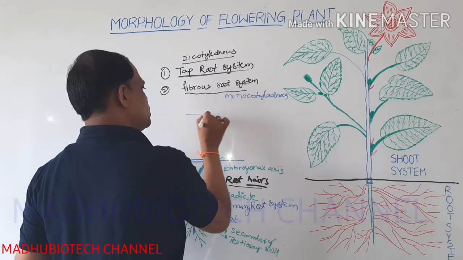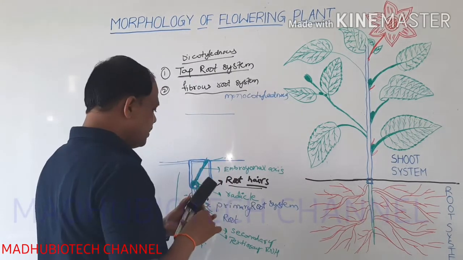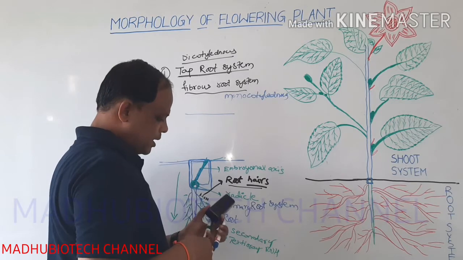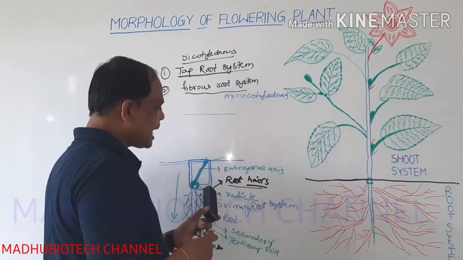For example, this is the soil. The embryonal axis has the radicle at its end part.